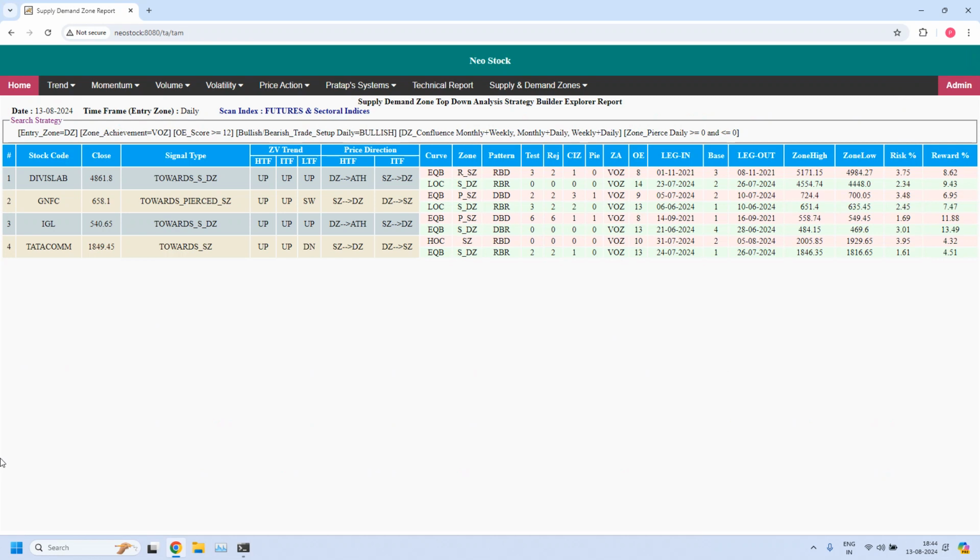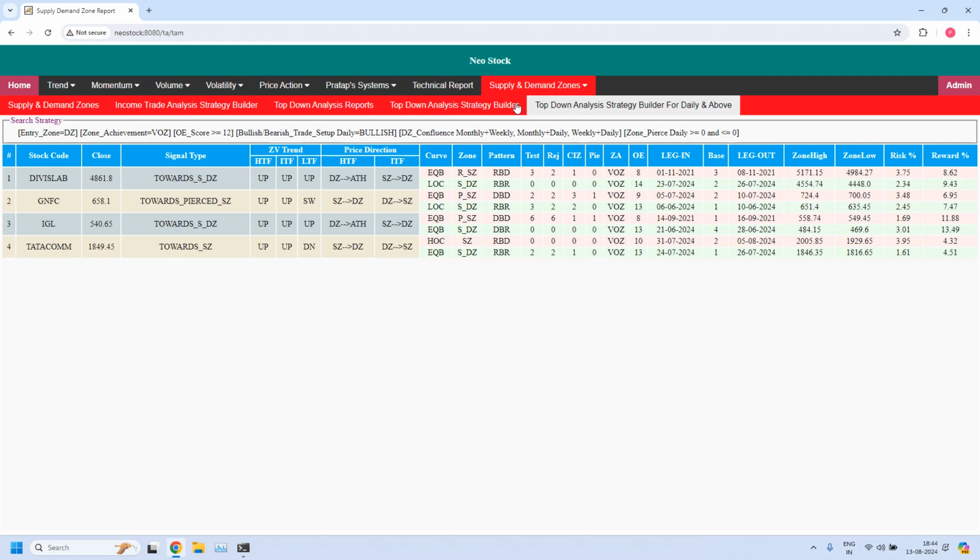So from 10, the list has come down to 4 stocks. Some of these zones are having high liquidity. I think all demand zones are high liquidity zones. Okay, this is about the bullish trade setup for monthly income trade with zone confluence.